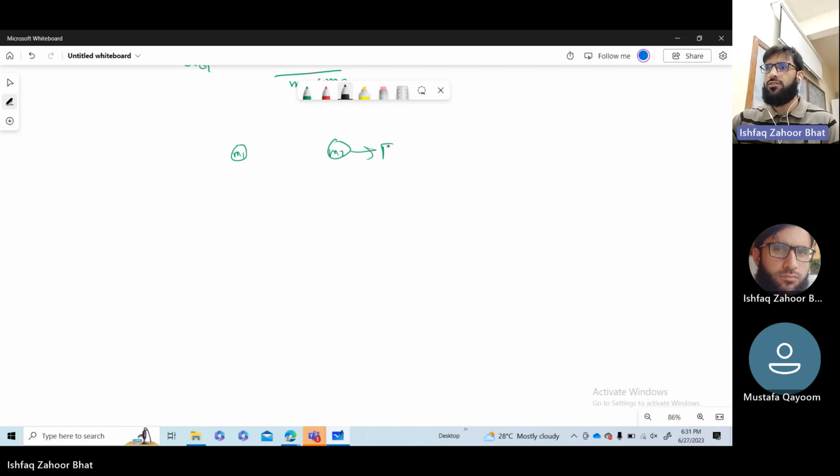There was a force F and there was a constraint of L, and we just write the FBD for each. So there is M1 which is having tension in this direction, and there is M2, the tension acts in this direction, and there is the external force.